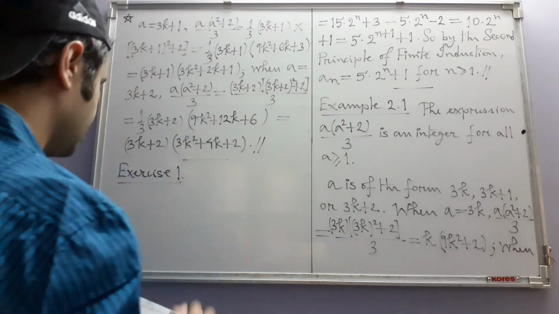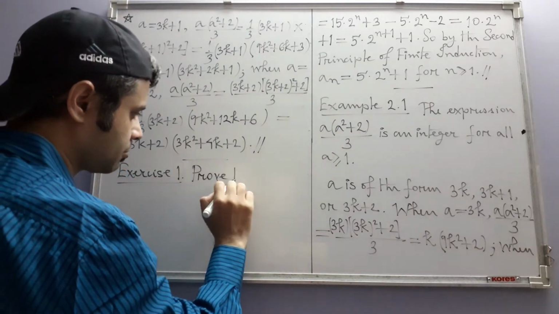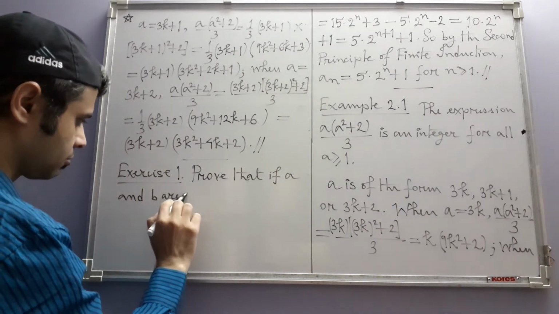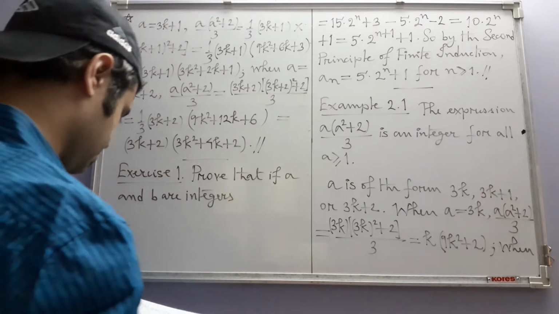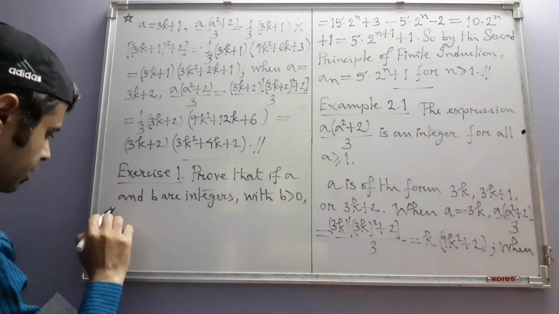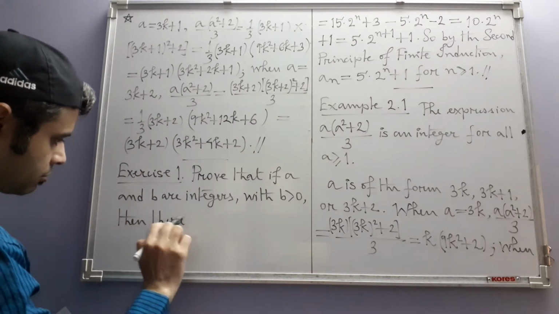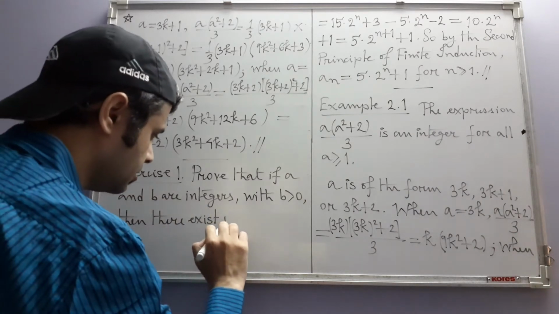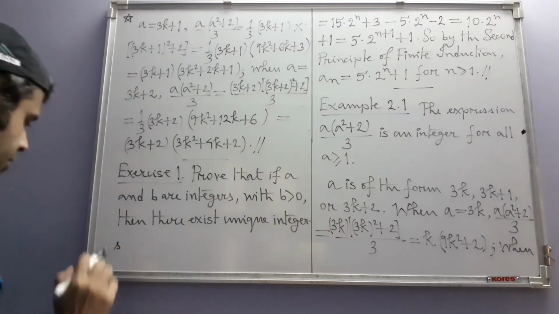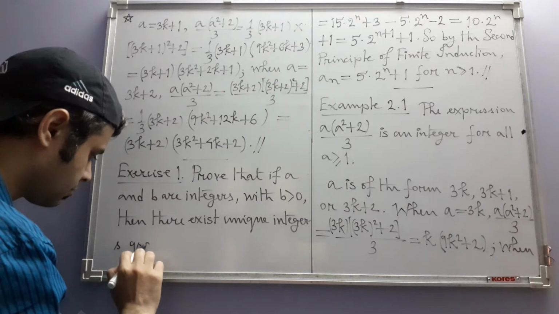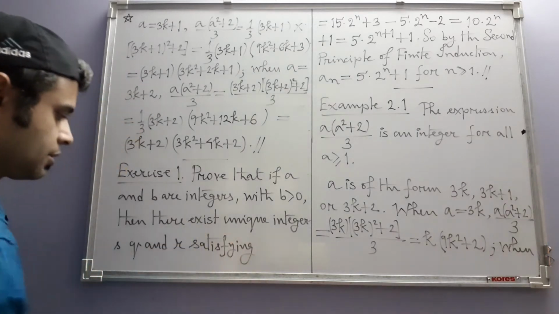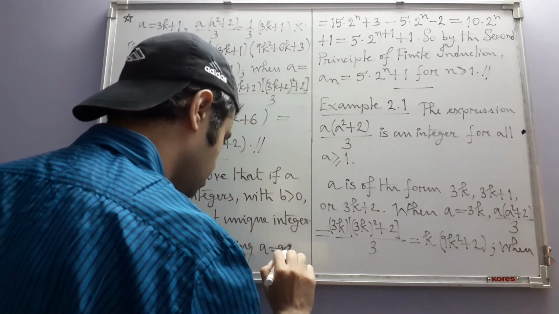Prove that if a and b are integers, with b positive, then there exist unique integers q and r satisfying a equal to qb plus r.